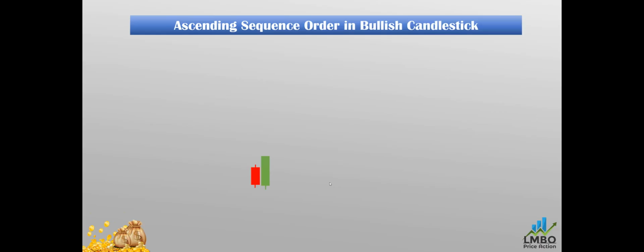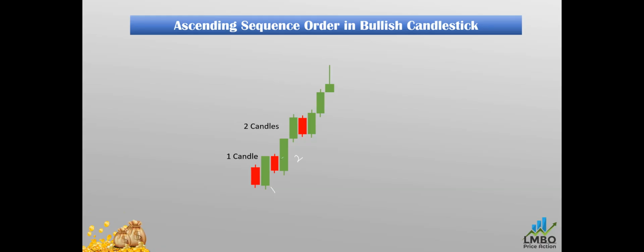See here, we found one green candle between two red candles, and then we found two green candles between this red and this red candle. Now, if we count one green candle and then two green candles, it is increasing in number. And in the next movement, we found three green candles.